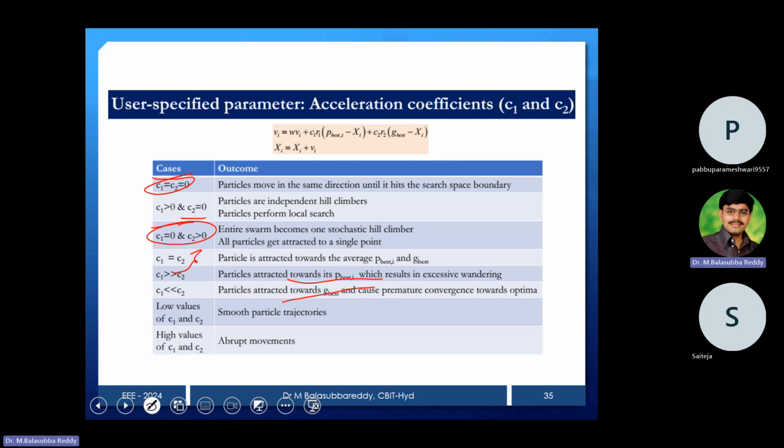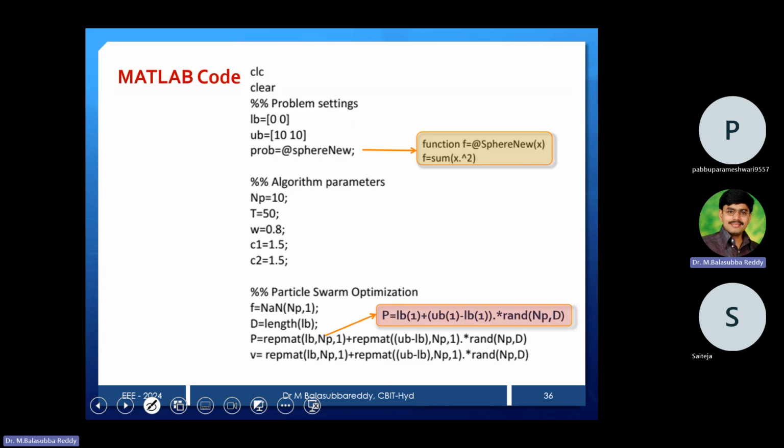A low value of C1, C2 gives smooth particle trajectory, and a high value gives abrupt movements. So you should not take a very high or very low value. For that, we have a calculation at a later point of time.